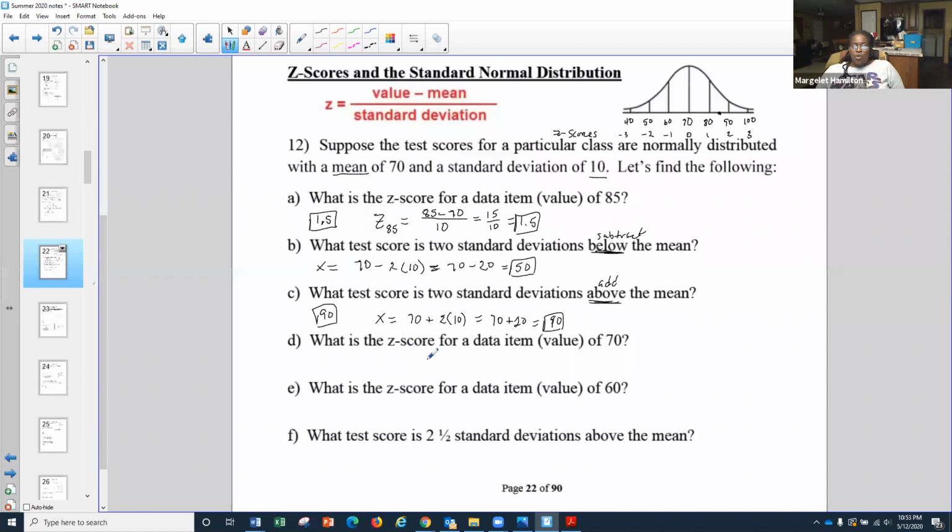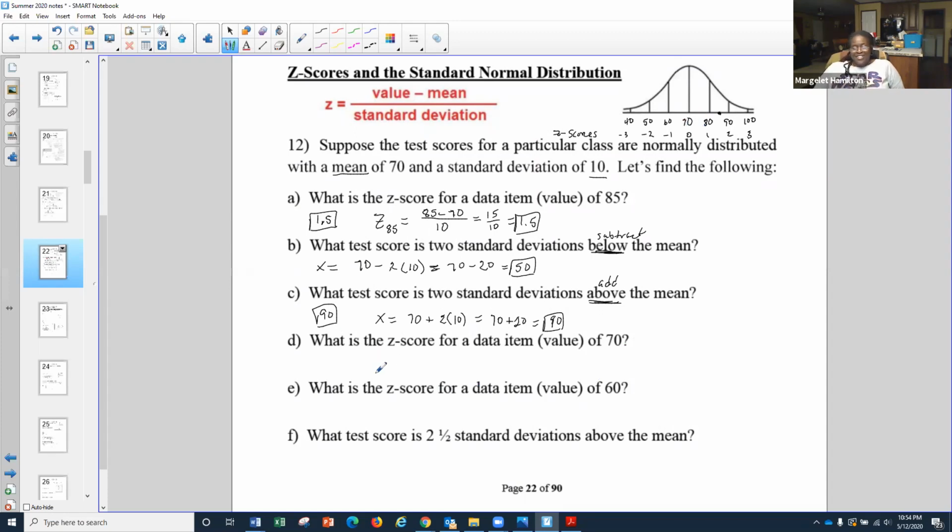What is the z-score for the data item or value of 70? All right, let's go to the graph. So they want to know what the z-score is for the data item of 70. 70, that sounds familiar. Well, look at here. 70 is our mean. All right, what's the z-score for that? 0, right?